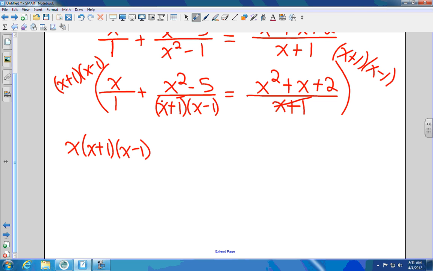That's the first fraction. Everything was missing. Everything had to multiply. So looking at the second fraction, what's missing, or what do we need to multiply by? Nothing. We have this denominator, and that's what we're multiplying by. So nothing's missing. It stays x squared minus 5.